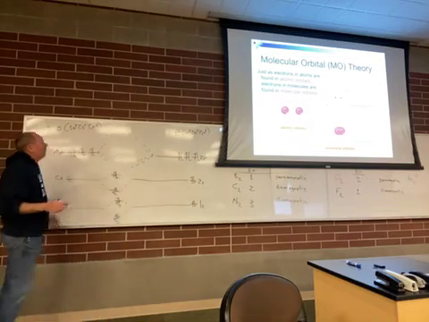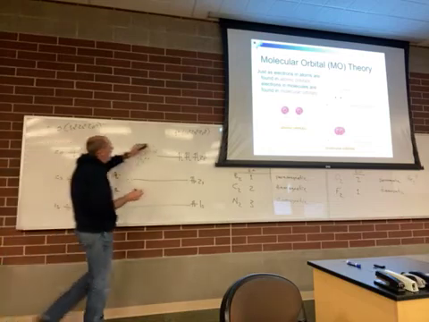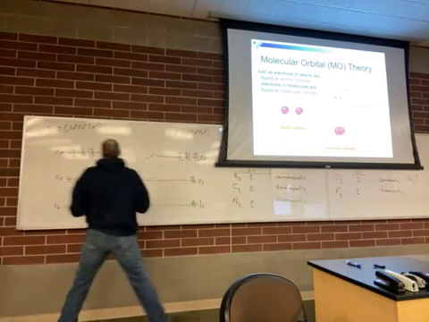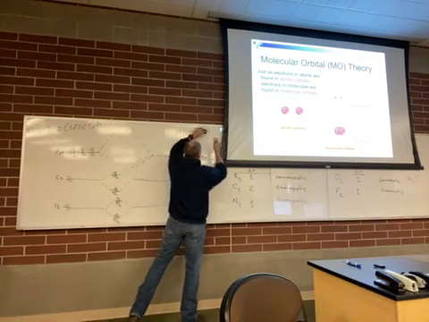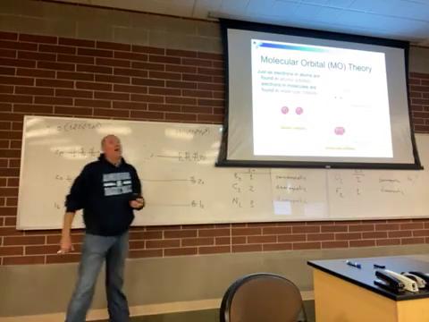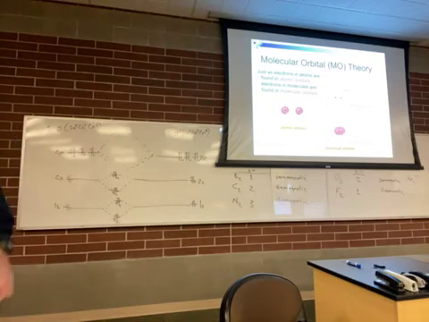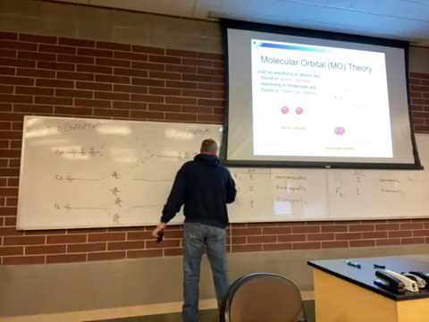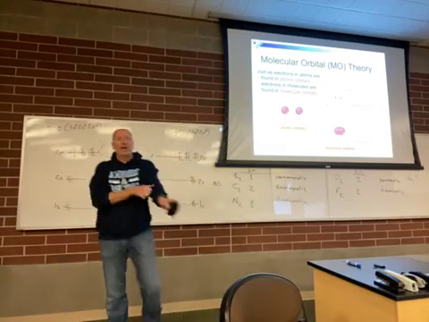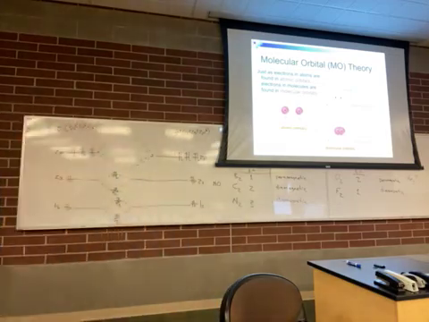All right, I don't want you to think about this. What happens if I were to give you on the exam and ask you to predict the bond order for NO? Nitrogen monoxide. What did I just do? How did I complicate it?